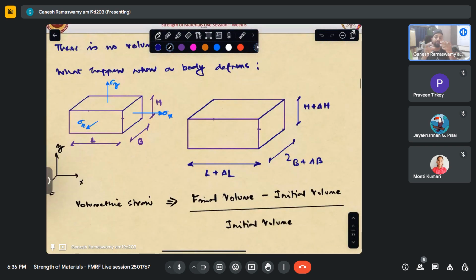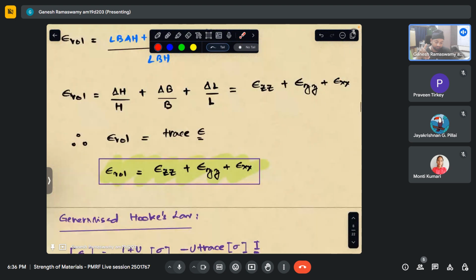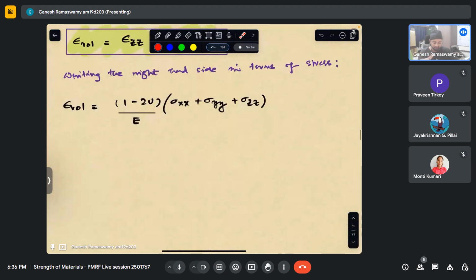I have taken a finite body. We can take an infinitesimal body where we are applying some stresses in three directions, namely x, y, z, and then it has volumetric strain, which is defined by this, which is nothing but the trace of our strain tensor. Now that replaced in terms of stresses gives us this relation.